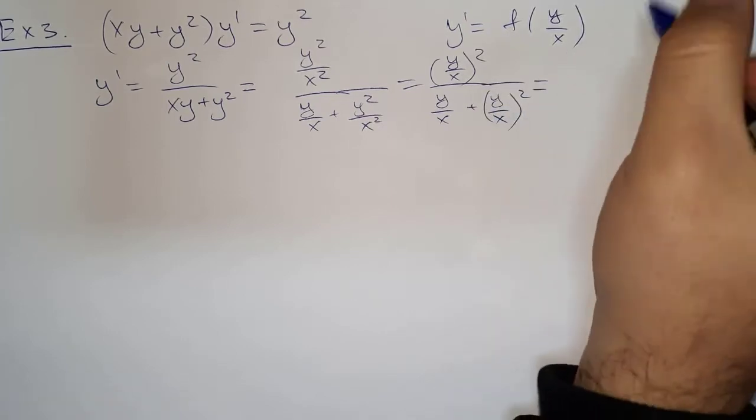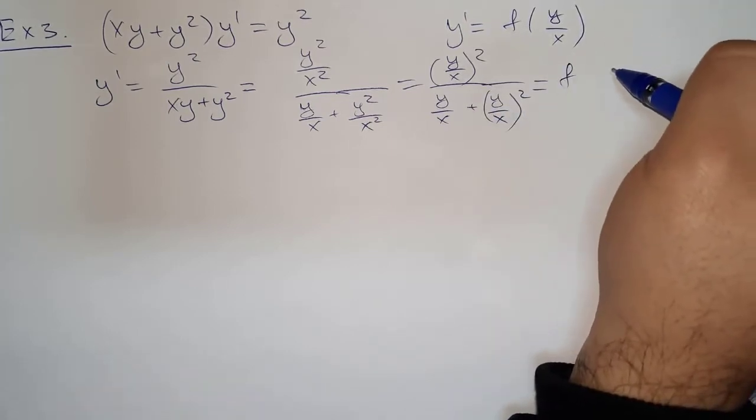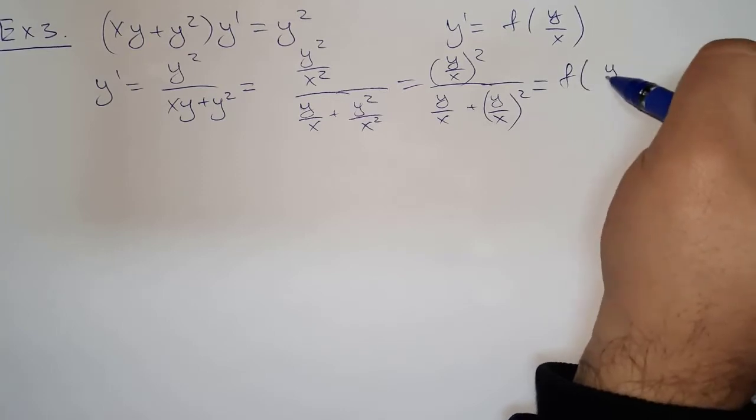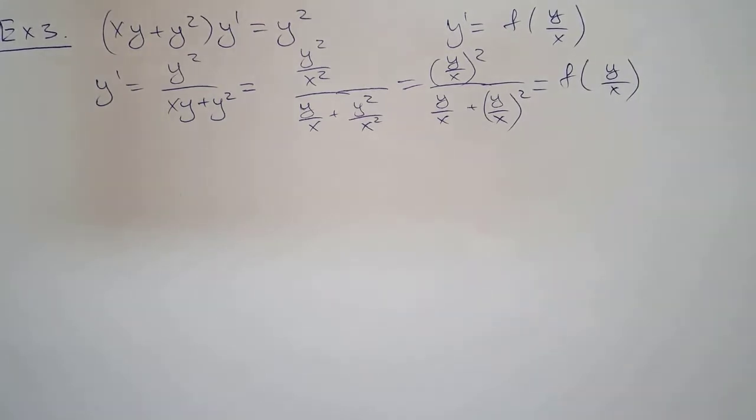It shows that it is an equation in the form y over x. So it means this is a homogeneous equation.